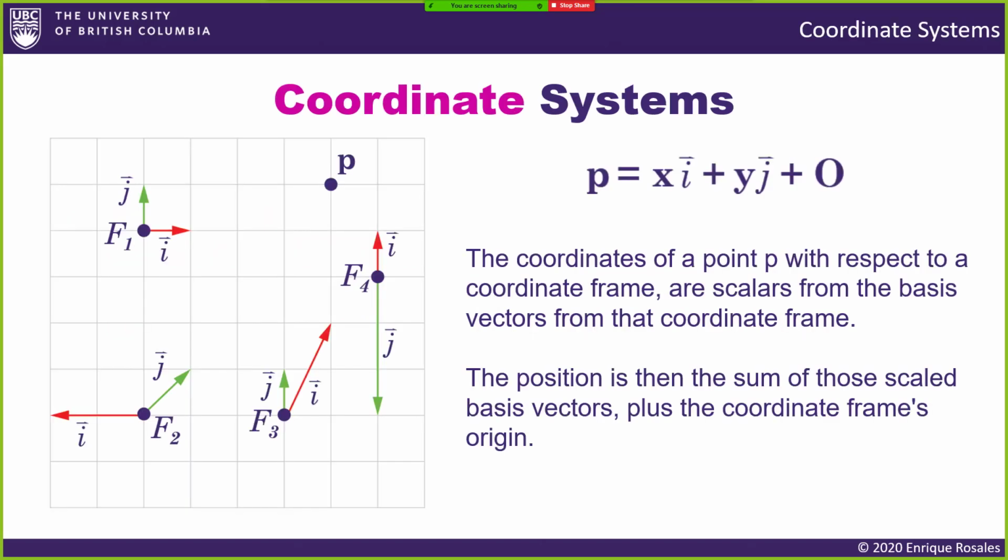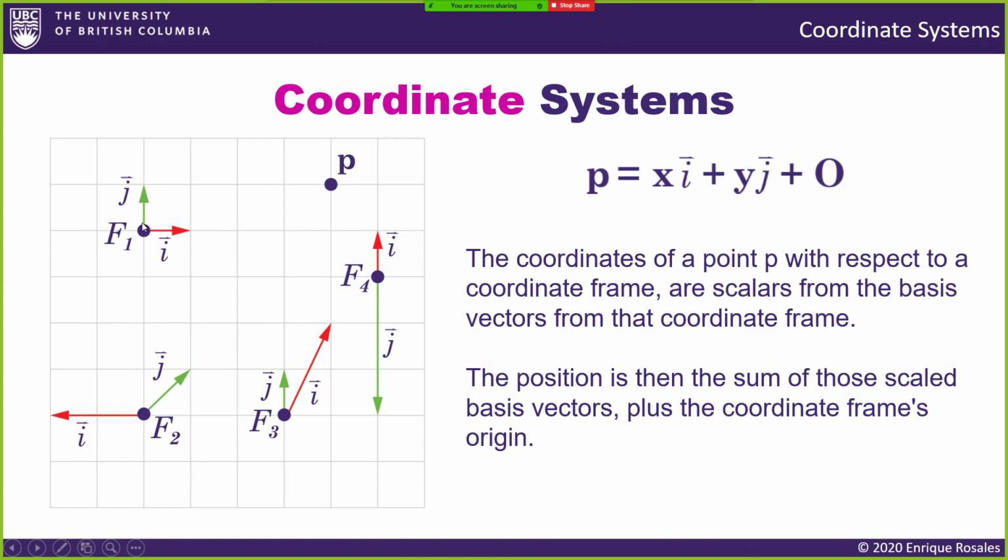So coordinate systems. Having a point P like this, imagine that we have a grid in which we have different coordinate systems. The coordinates of a point, in this case the point P, with respect to any coordinate frame are basically scalars of the basis vectors from that coordinate frame. Let's imagine this world is in 2 dimensions.